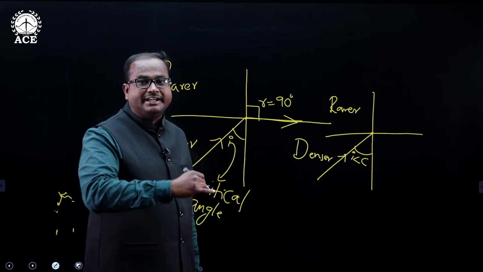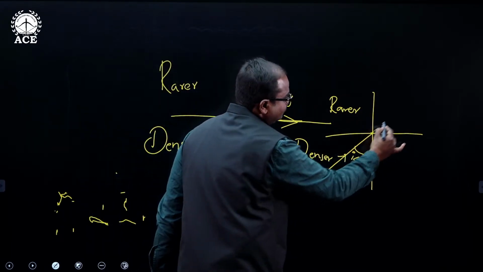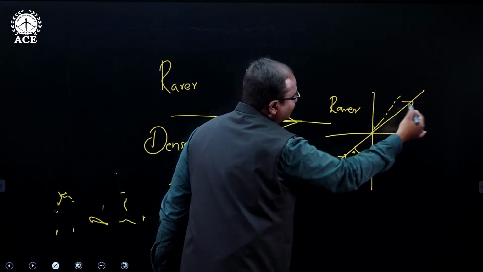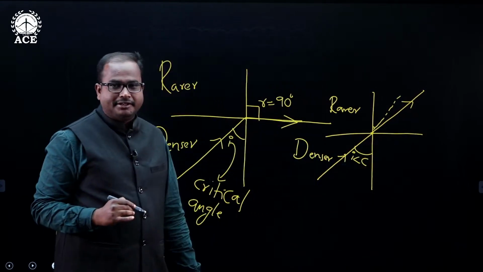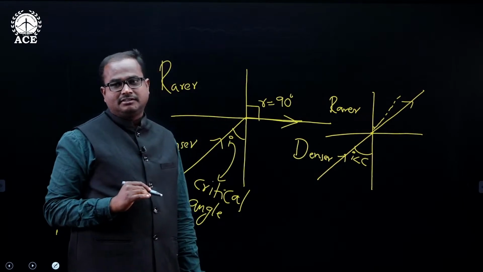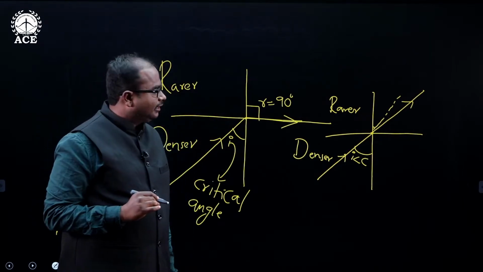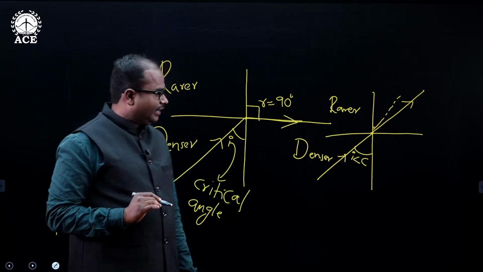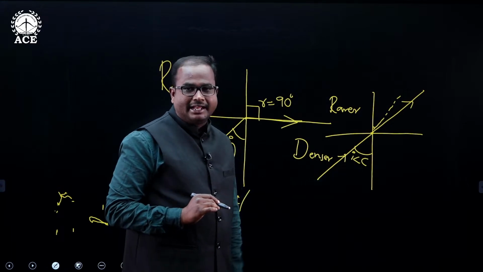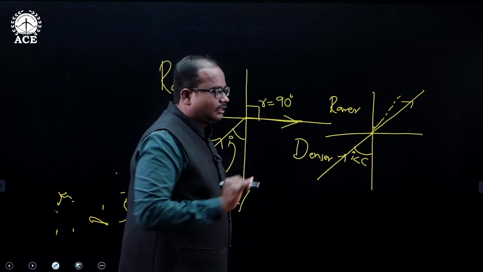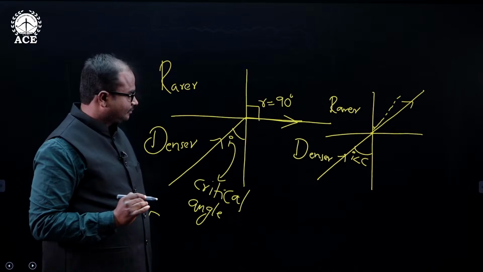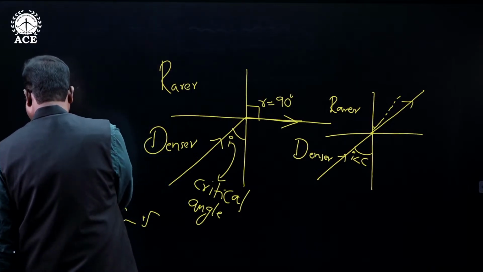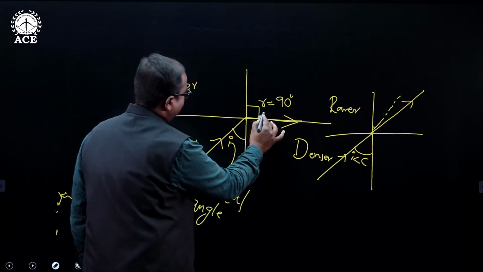It will enter into the rarer medium like this. Its original direction would be like this, but since it is entering into a rarer medium, it suffers some deviation. This is refraction. So when the angle of incidence is less than the critical angle, it undergoes refraction.